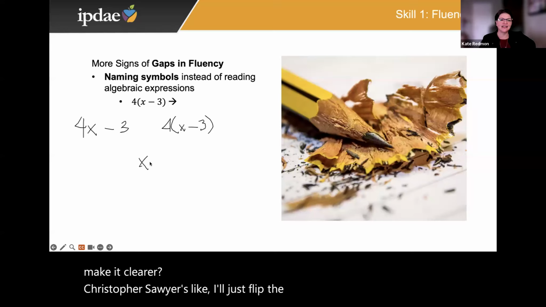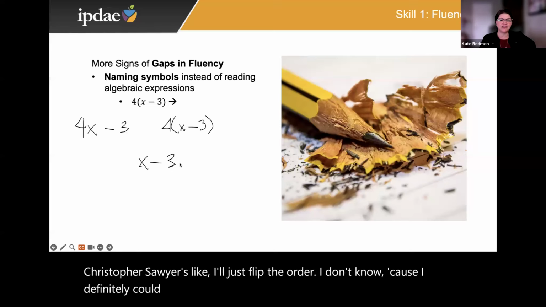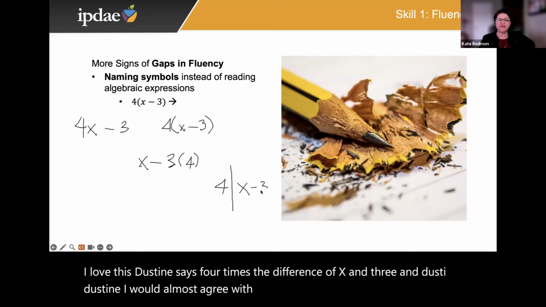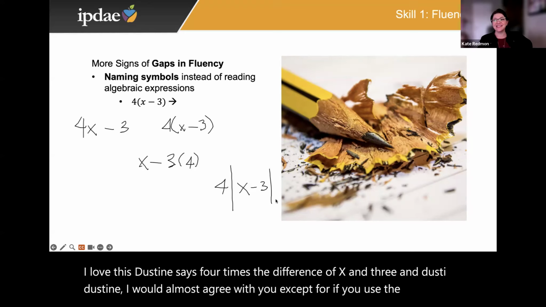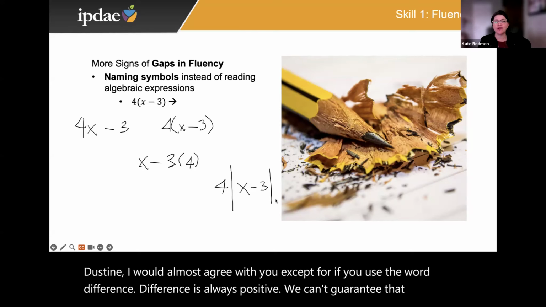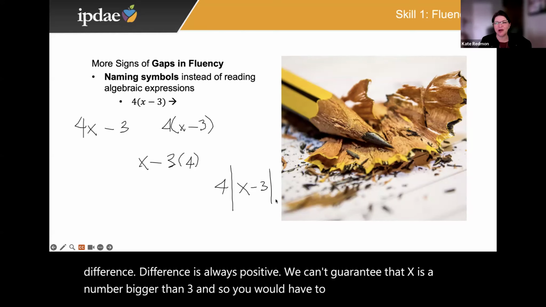I don't know, because I definitely could do x minus 3 times 4. I love this. Dustine says 4 times the difference of x and 3. And Dustine, I would almost agree with you, except if you use the word difference, difference is always positive. We can't guarantee that x is a number bigger than 3, and so you would have to use absolute value bars. So close, but not quite there yet.